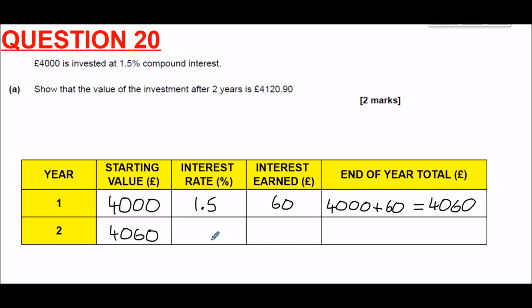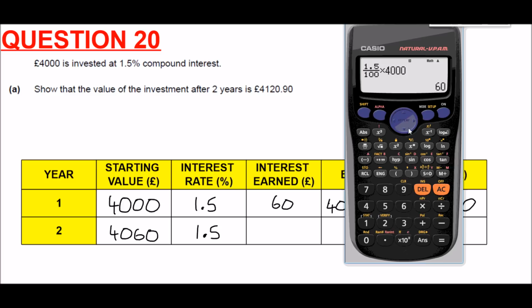So we do the same process again, this time with just a slightly higher starting amount. The interest rate isn't going to change, it stays at 1.5. So the interest in year 2 is now going to be 1.5% of 4,060. So it's the same percentage, but this time we're talking 4,060. 1.5% of 4,060 now is 60.9.